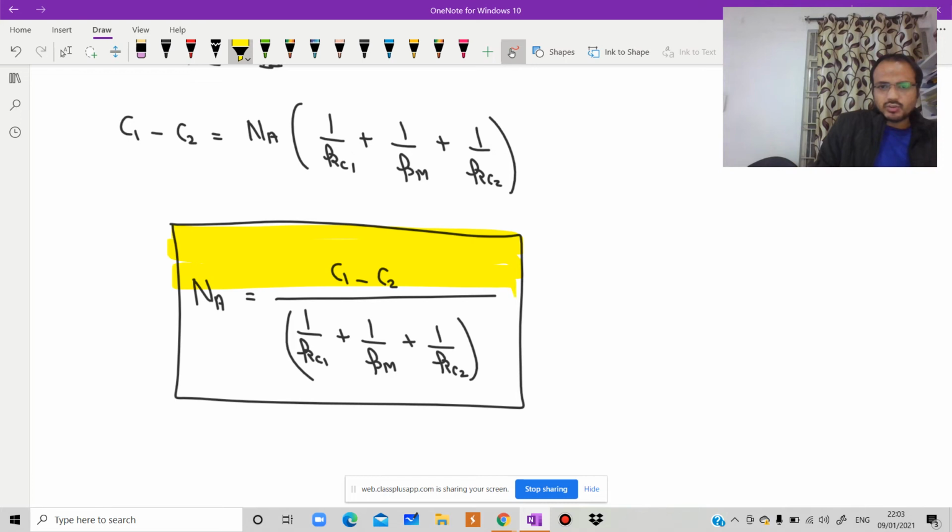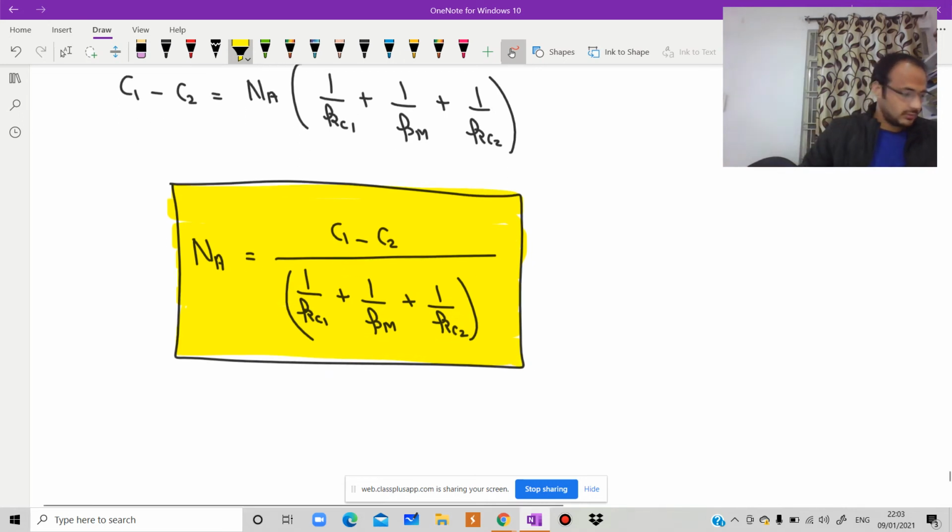I hope this derivation is clear to each and every student because we covered our mass transfer operations in 80 hours with each and every concept with 110 or 120 questions. That's why you are able to correlate all those concepts here also.